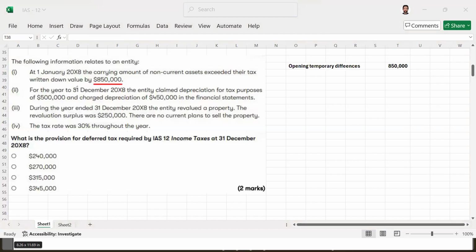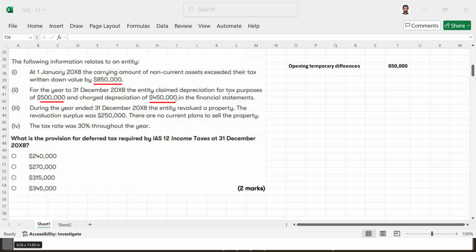For the year to 31st of December 2028, the entity claimed depreciation for tax purposes of 500,000 and charged depreciation of 450,000. Now here, the entity claimed depreciation for tax purposes. This is talking about the capital allowances. The capital allowances are more and charge depreciation, the accounting depreciation is less.